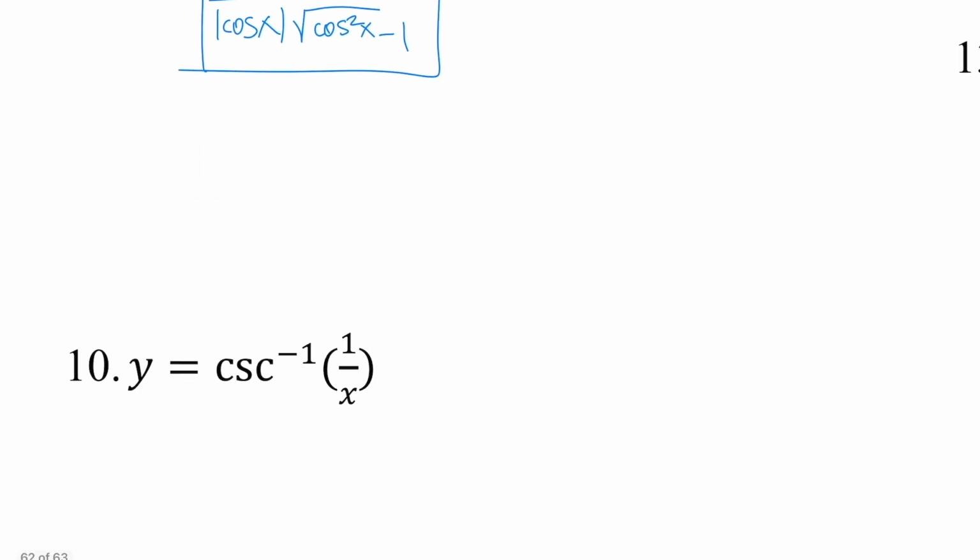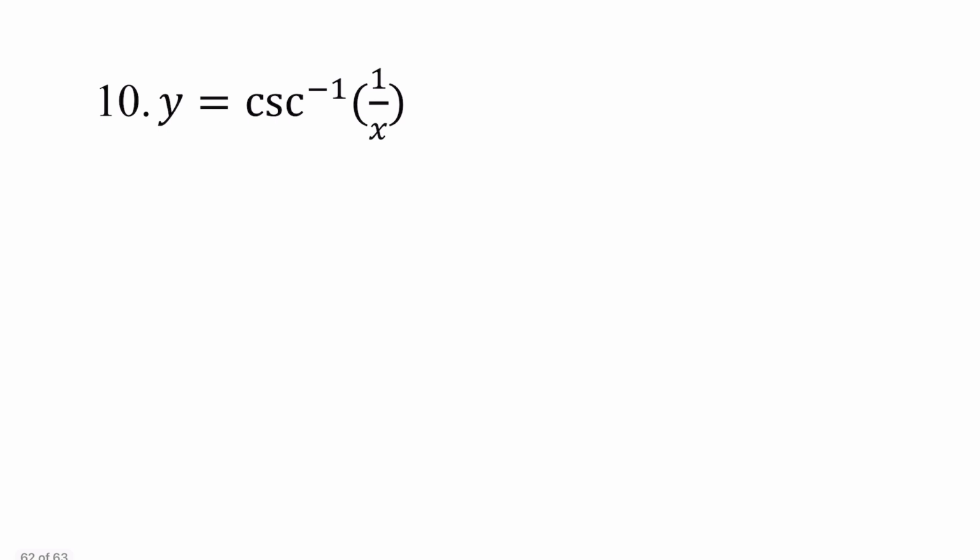Okay, moving on to number 10. So it's now cosecant inverse of 1 over x. So we can say y prime is equal to negative 1 over absolute value of 1 over x times root of 1 over x squared, right, minus 1.